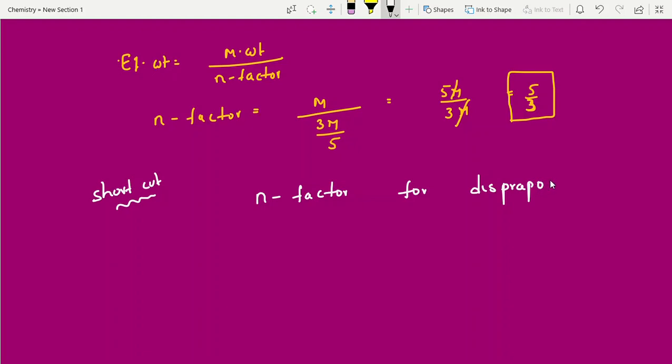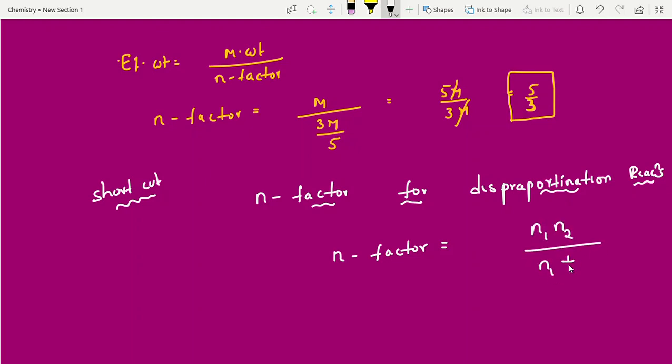N factor for a disproportionation reaction equals n1 n2 by n1 plus n2.